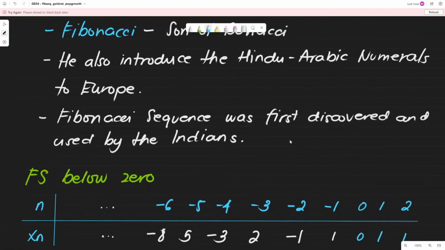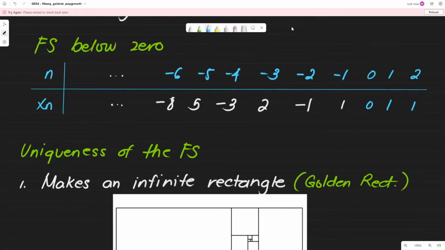Okay, so aside from the table that we had on top, meron tayo actually Fibonacci sequence below 0. Using the same format, n is kung pang ilang term, then x sub n is yung term. Ito yung starting natin kanina, yung 0, 1, 1. And yung nasa left side niya, yun yung mga negative terms.